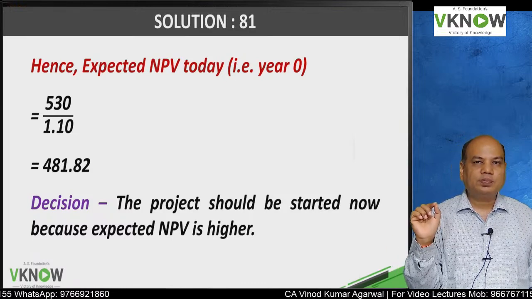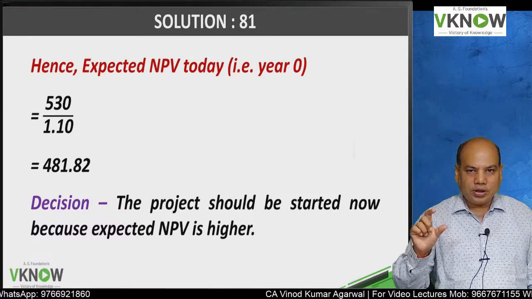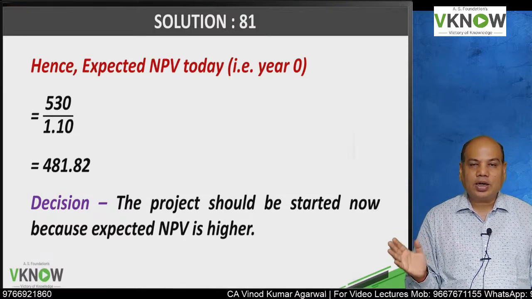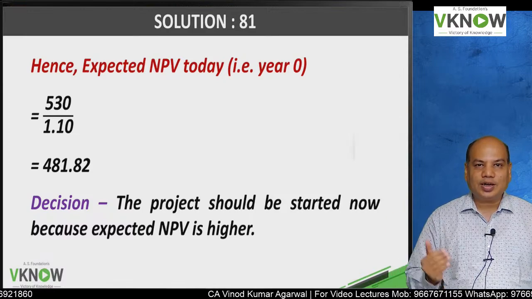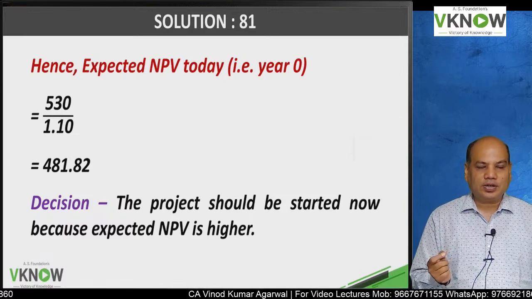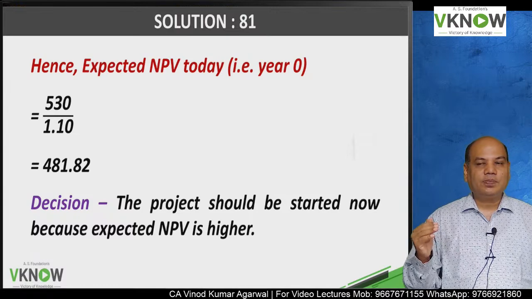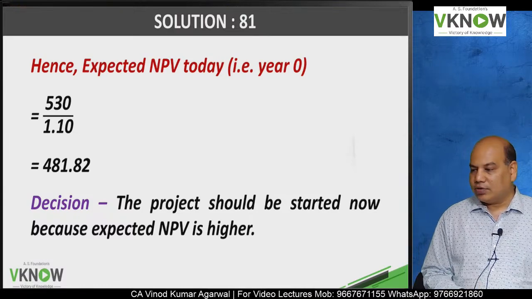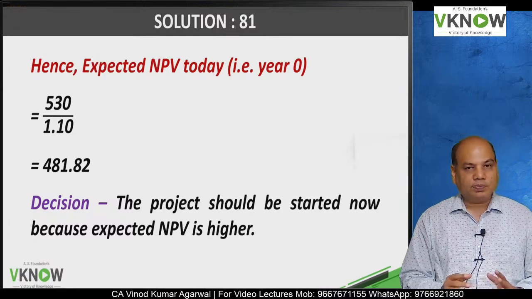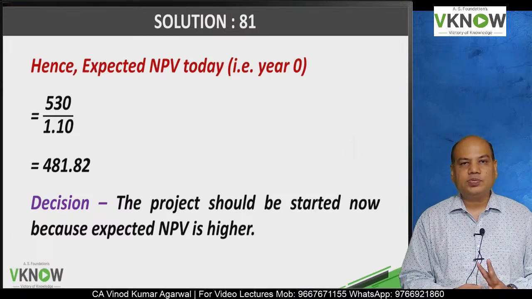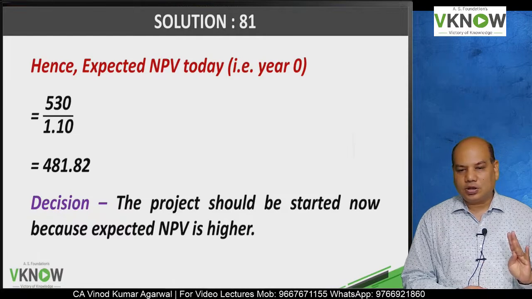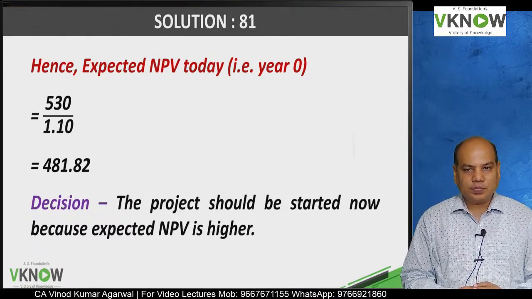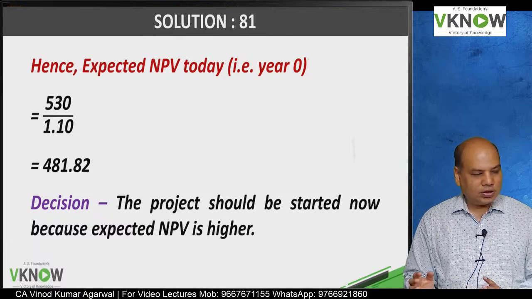The ones which are positive, you will take those values, multiply by probabilities, and don't forget to discount again by 1 year factor or 2 year factor if the postponement can be done for 2 years. So that is how you will solve this type of simple questions. 3 problems we have solved today on postponement: the question on gold mine, the question of oil corporation, and now this easy question.